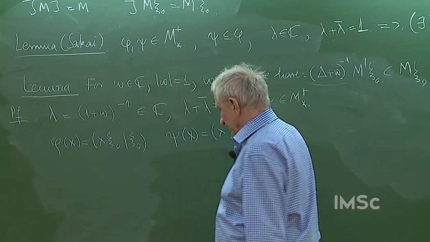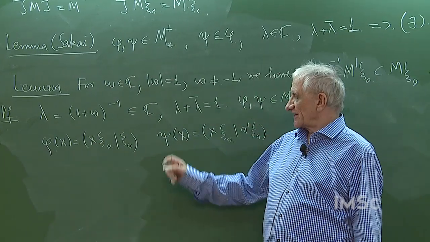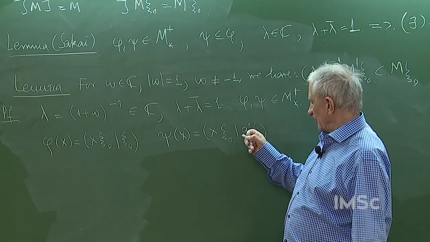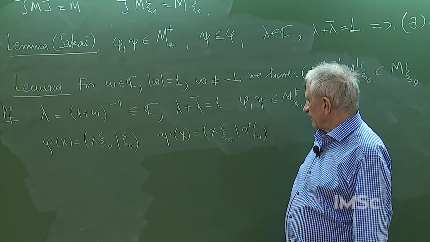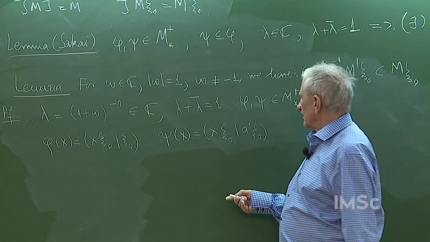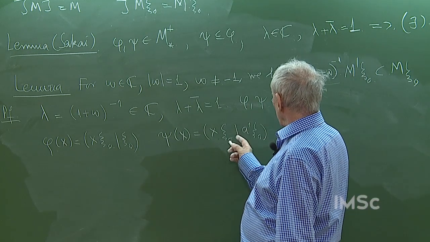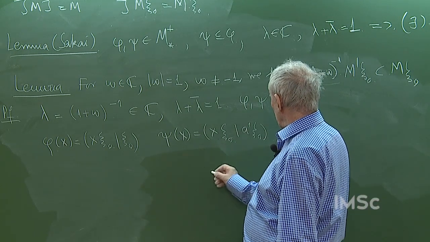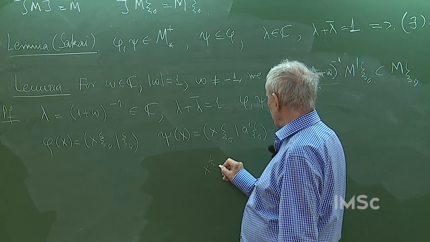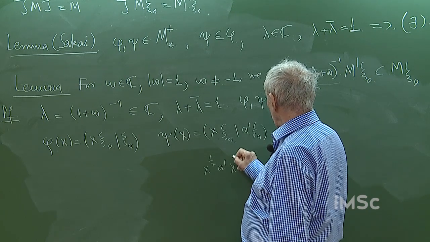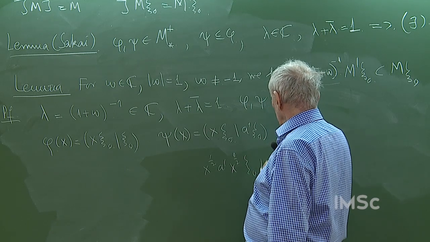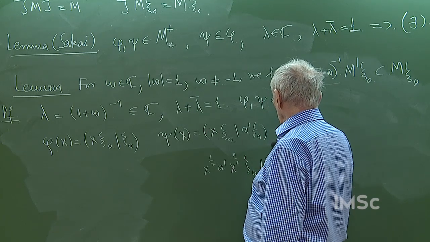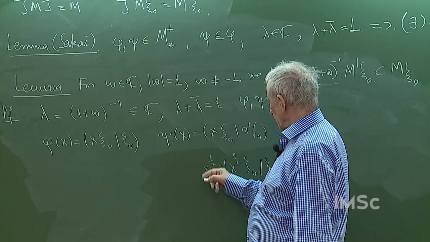It is obvious that both functionals are positive functionals because A prime is in the commutant. Maybe it's better to see the following thing. We can write this as x to the power 1/2 A prime x to the power 1/2 psi naught, psi naught, and so for x positive.